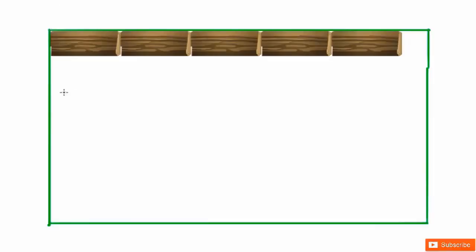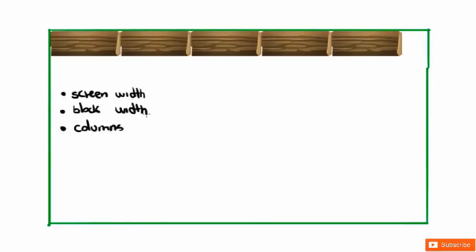The variables that have to be considered in our equation are the screen width, which is important, the block width, which is also important, and the number of columns.